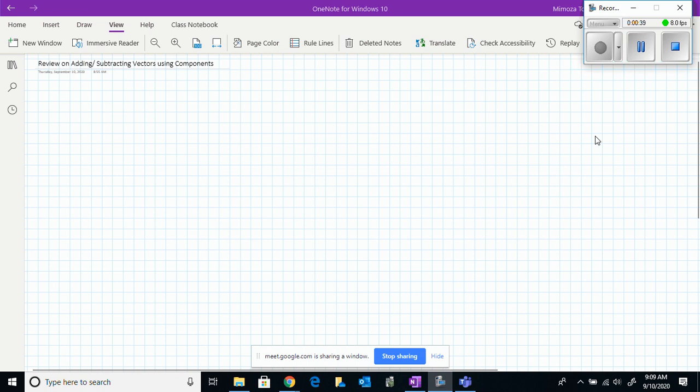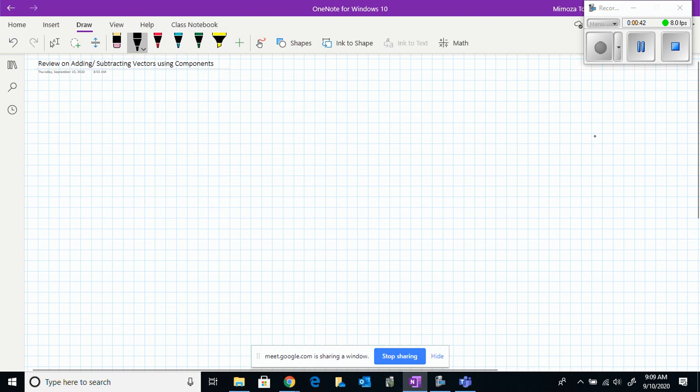So let's start now by stating that we have a vector A that is 120 kilometers per hour at 15 degrees south of west. Vector B that is 100 kilometers per hour at 32 degrees west of north.